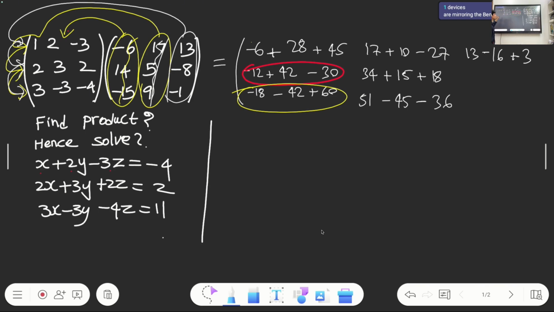Second row. 13 into 2 is what? 13 times 2 is 26. Yes, you are going to multiply with the second row. 26 minus 24 minus 2.